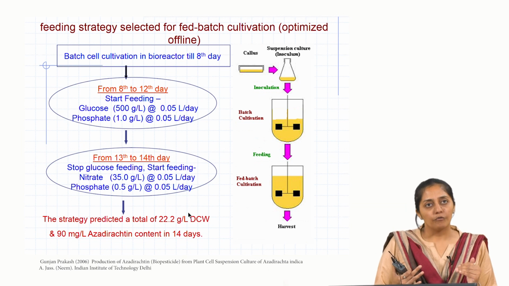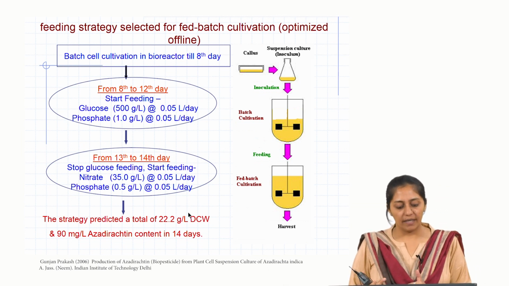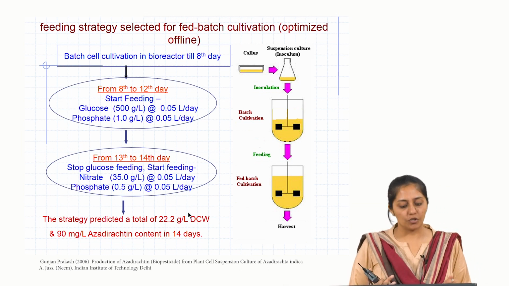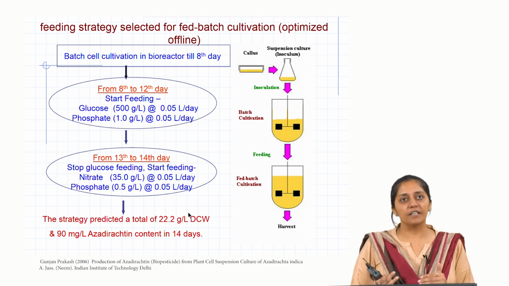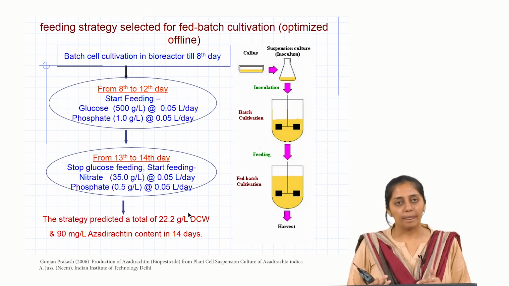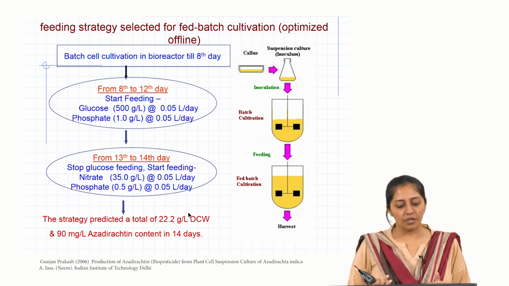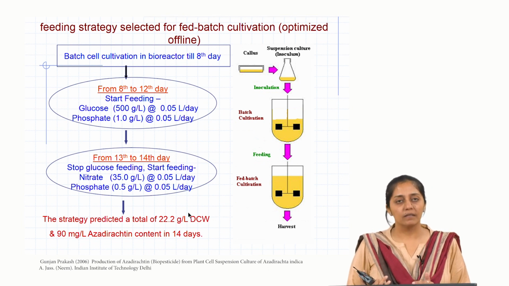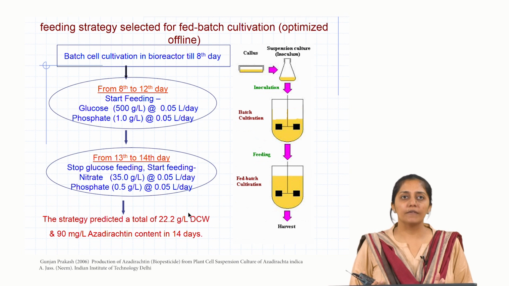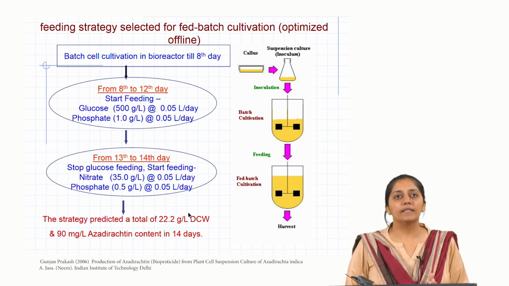Then from the 13th through the 14th day, the glucose feeding was stopped and nitrate feed started at 35 grams per liter, and the phosphate feed was continued, but at a reduced concentration of 0.5 grams per liter, with a flow rate of all the feeds at 0.05 liters per day.